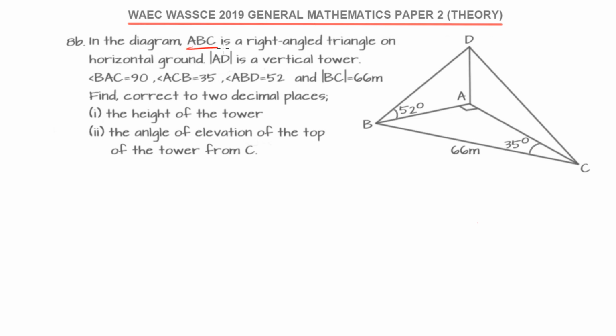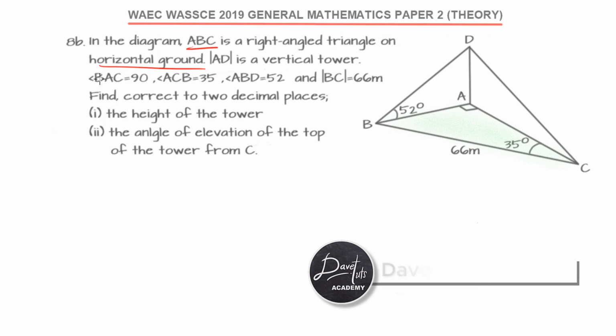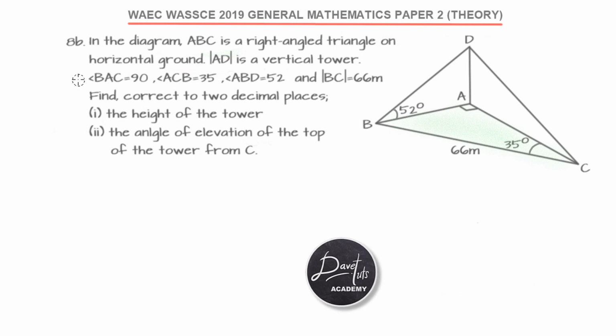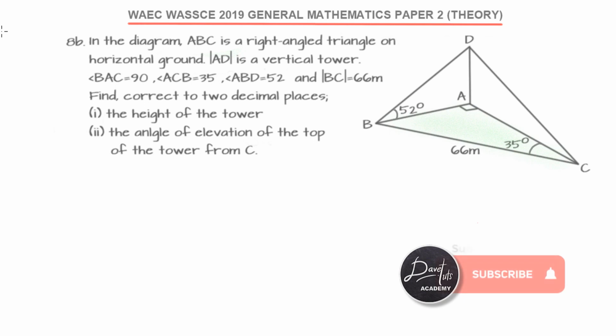In this question, we are told that ABC is a right angle triangle on the horizontal ground. So we can just note that the triangle ABC is a right angle triangle, but it is on the horizontal ground. So this is the ground level. Then we are told that AD is a vertical tower.